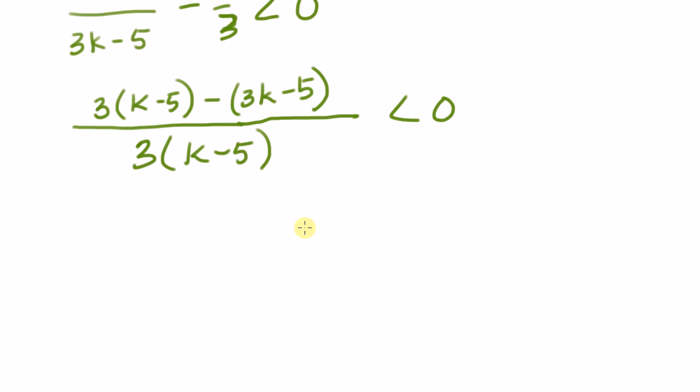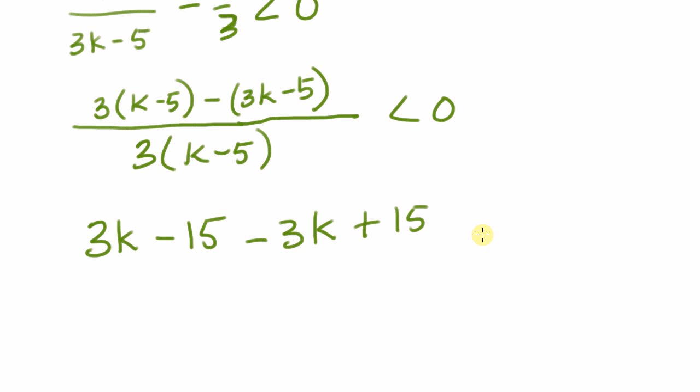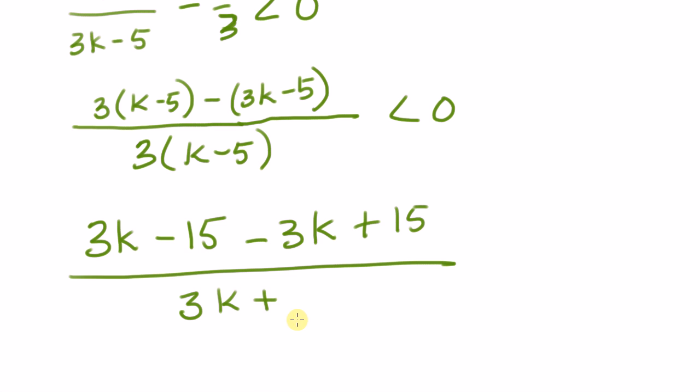It's less than 0. So I got 3k minus 15 minus 3k plus 15 all over 3k minus 15.